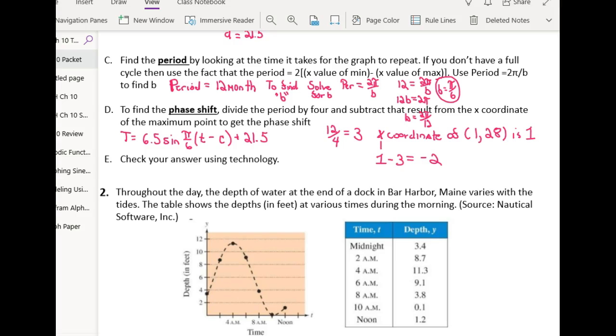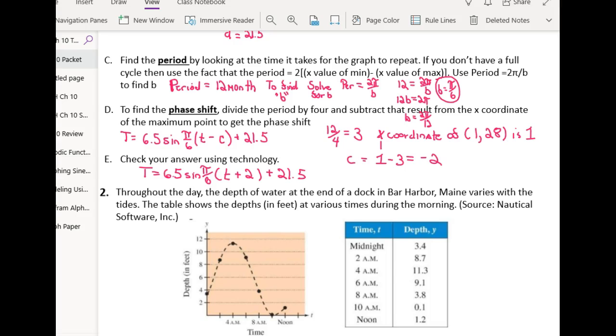So what would our equation be now? 6.5 sine of pi over 6 times t plus 2, because if I put C as -2, that becomes a plus, plus 21.5.